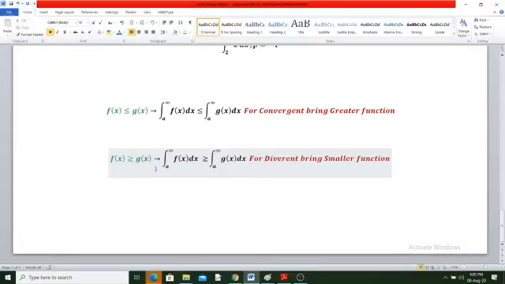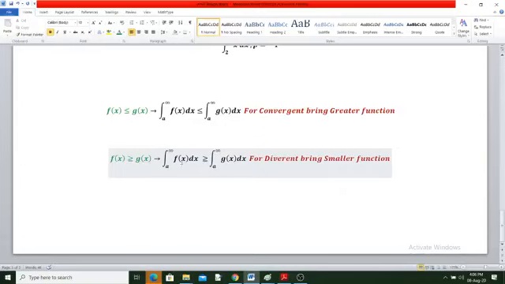Because we are checking divergence, g of x is smaller, so this integral is also smaller than the given integral, and by the p integral, exponential integral, and previous knowledge, we know this integral is divergent. Because this smaller integral is divergent, the given integral is also divergent.